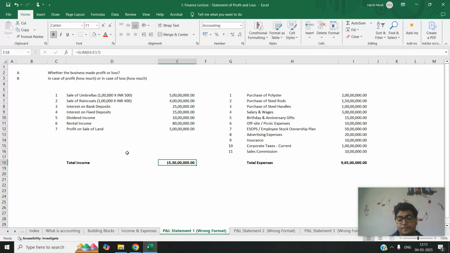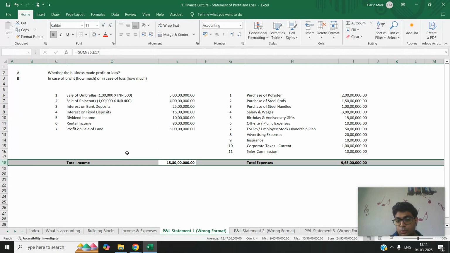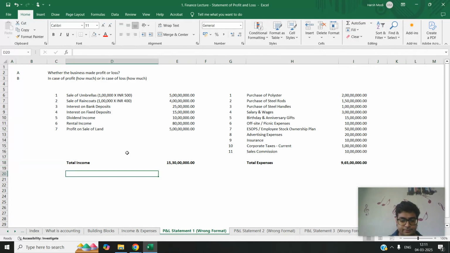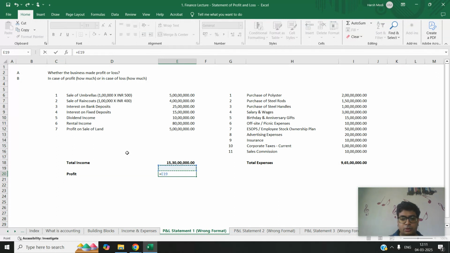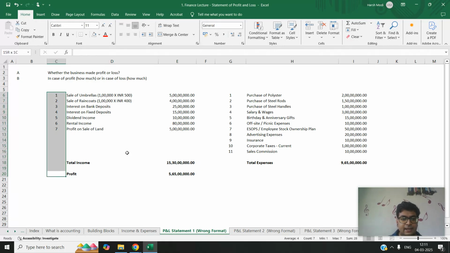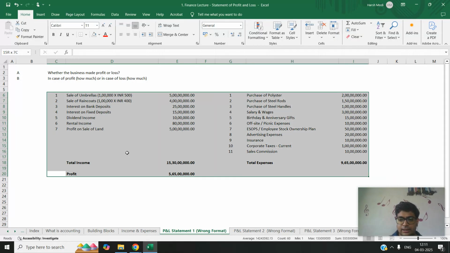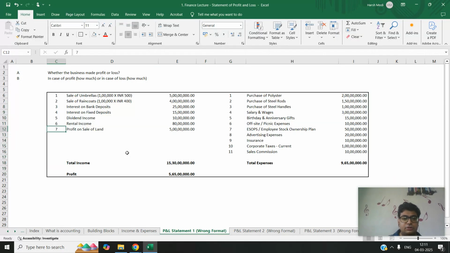And as you know, since our income is more than expenses, we made profit. And what's the quantum of profit? Well, it's the difference between my total income and total expenses. So we made a profit of 5 crore 65 lakh. And then I go back to the promoter and tell him, well, here you go, this is your statement of profit and loss, denoting that XYZ Limited made a profit of 5 crore 65 lakh.